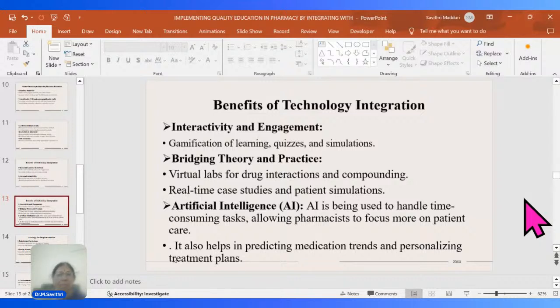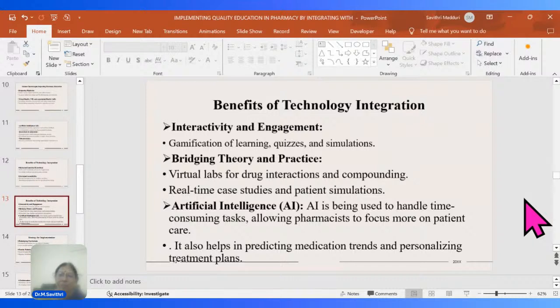That is also gamification of learning, quizzes, conducting, and simulation. A very interesting thing: if interactivity and engagement of the students are taken up in this manner, students are interested and they will also follow it.